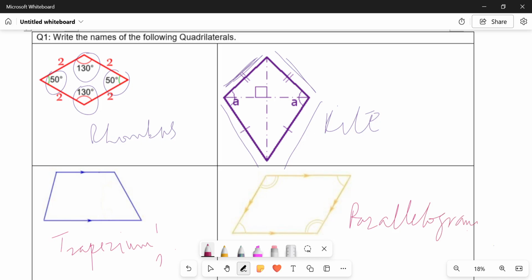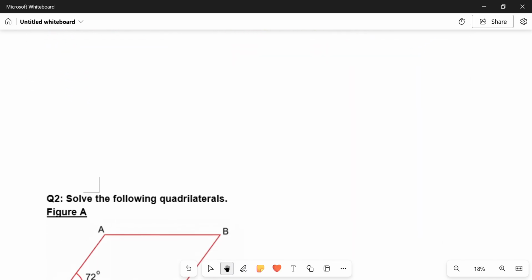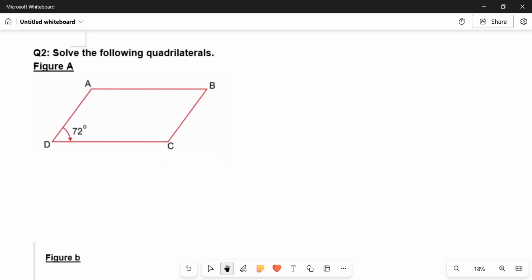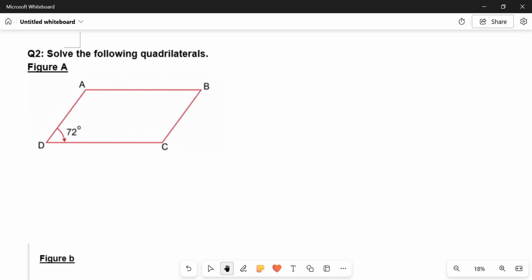We have learned the properties also, right? Okay, let's move. Let's scroll down. Okay, now solve the following quadrilaterals. Okay, how are you going to solve it? So figure A, you need to tell me what is the measurement of angle A. B is 72 degrees. So what is the measurement of angle A here? What is the name of this shape? The shape is a parallelogram, right?